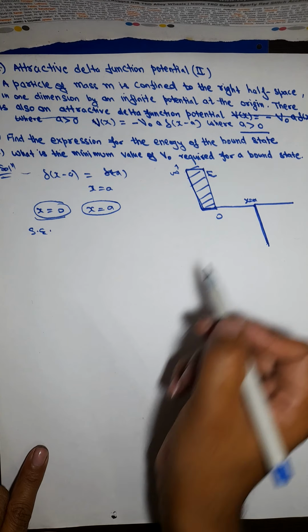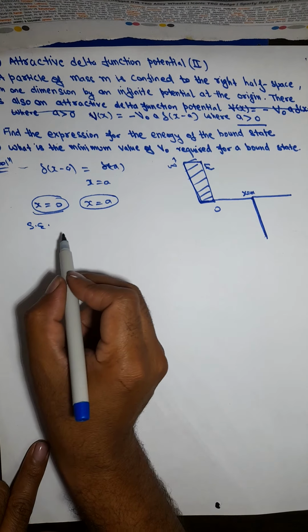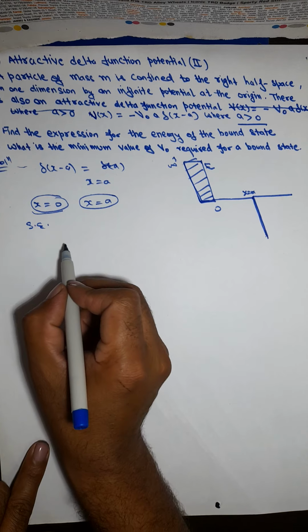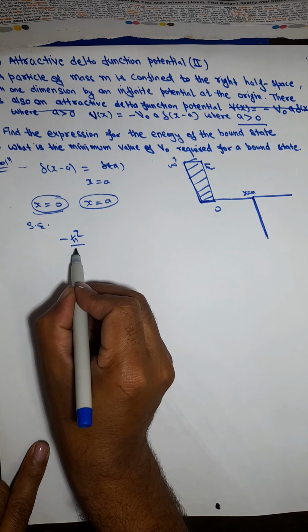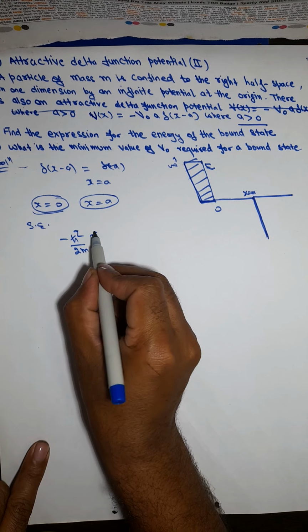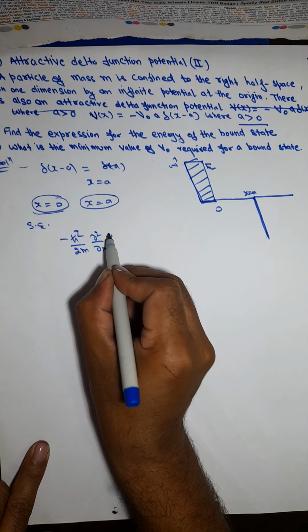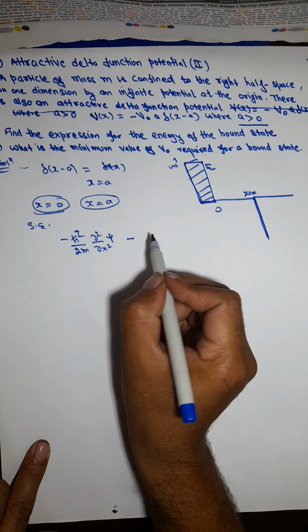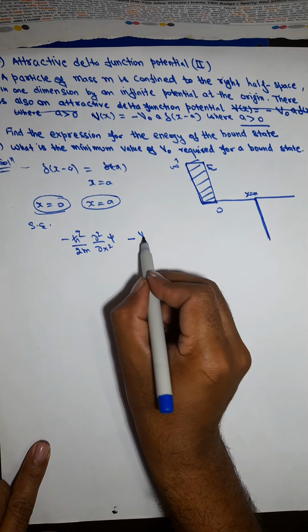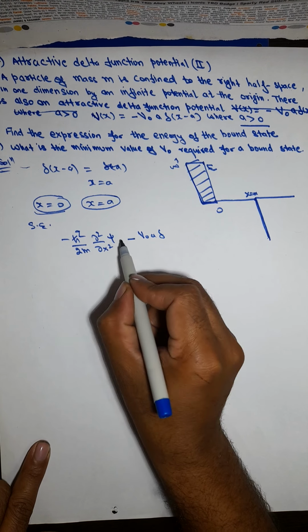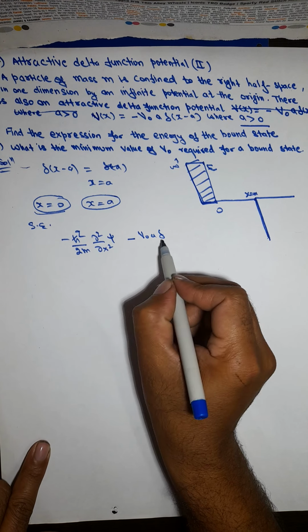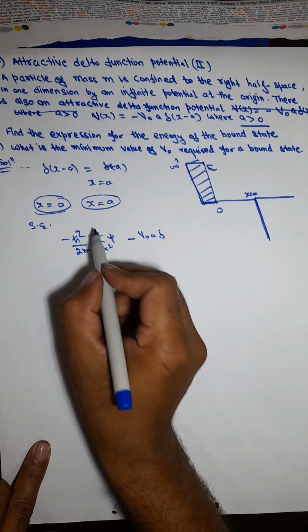If you have seen it already, then you don't need to stay here, but if not, then I may say this is the equation: minus h-bar squared by 2m, d squared by dx squared of psi, minus this one is the potential, V0 a δ(x - a). It is commonly plus, but minus because this is an attractive delta function.